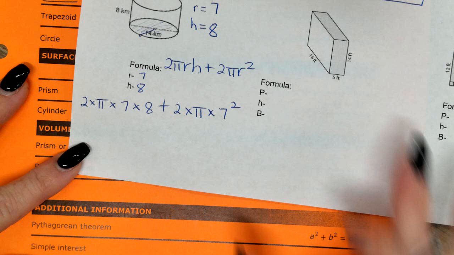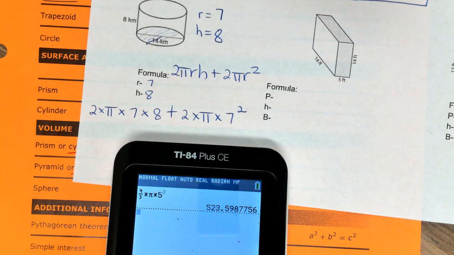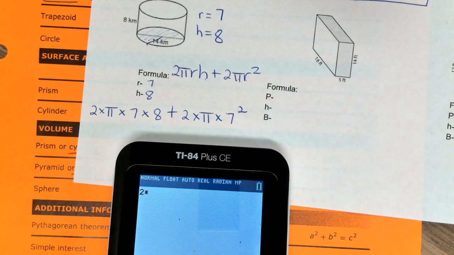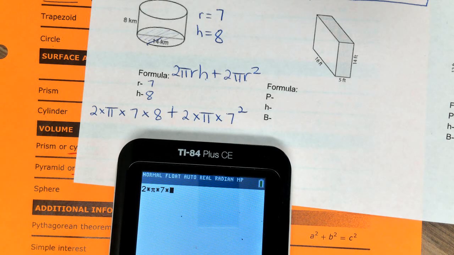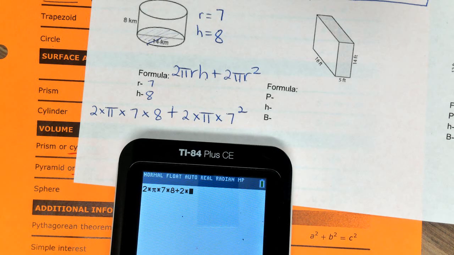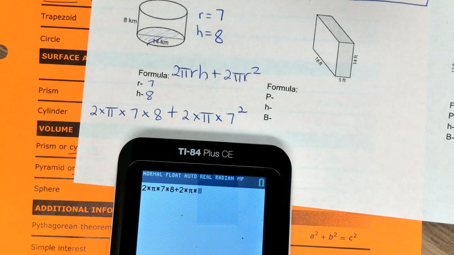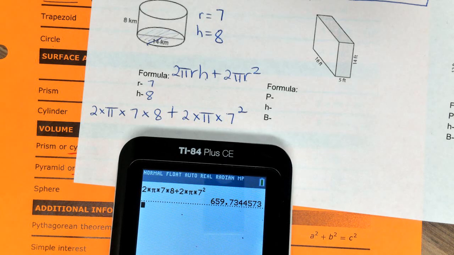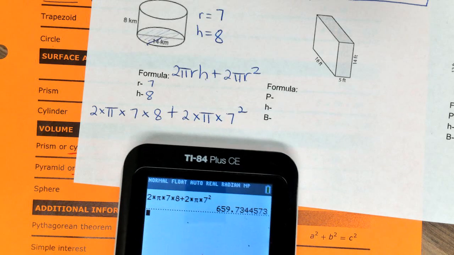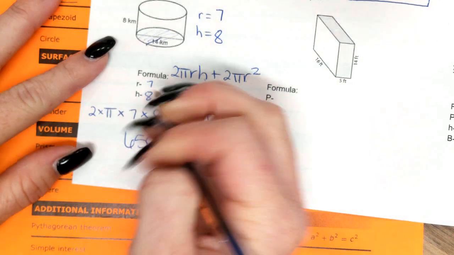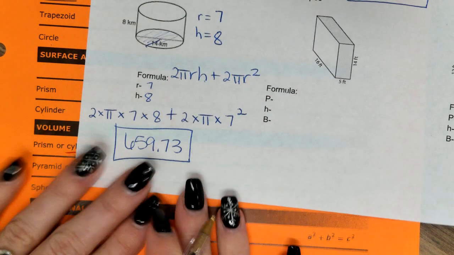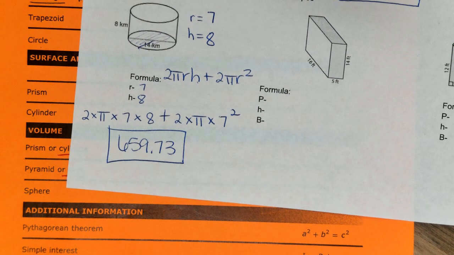I just type it in my calculator, and that will be my answer. And my answer is 659.73. Make sure you're writing all this because you're going to use these to answer your questions today.